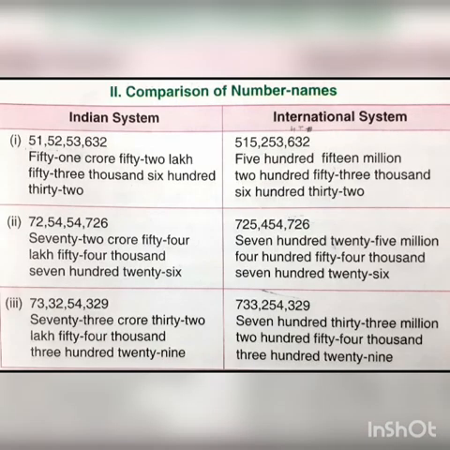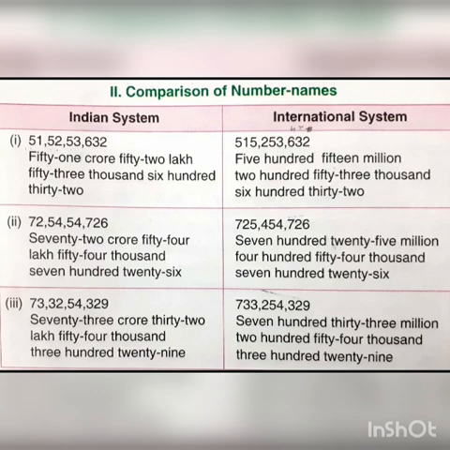Comparison of number names also. First one is 51 crore 52 lakh 53,632. The same I have to say in the international number system, it will be 515,253,632.